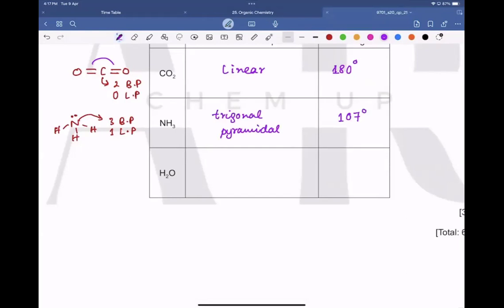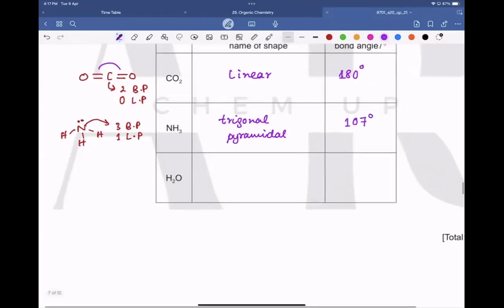Yes, okay, for water, it's two bond pairs and two lone pairs, right? So two bond pairs and two lone pairs around the oxygen atom, the central atom. Yes, non-linear or bent or V shape.